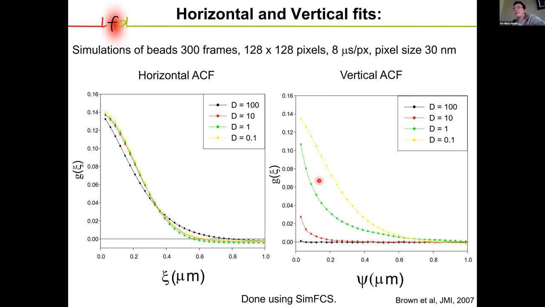So this is kind of nice because you're having it as a 2D system. You're exploring two different time scales, the microsecond time scale typically for the pixel to pixel and the millisecond time scale typically for the line-to-line. So you have access to a broader suitable range to get the diffusion coefficients of molecules.